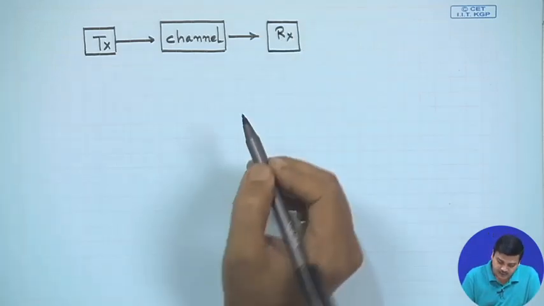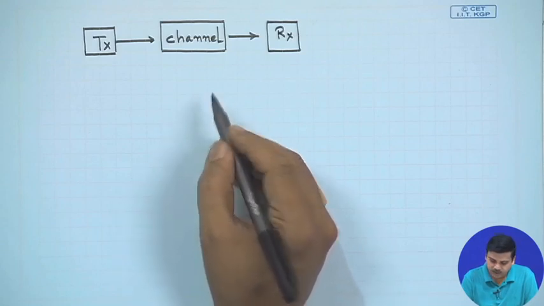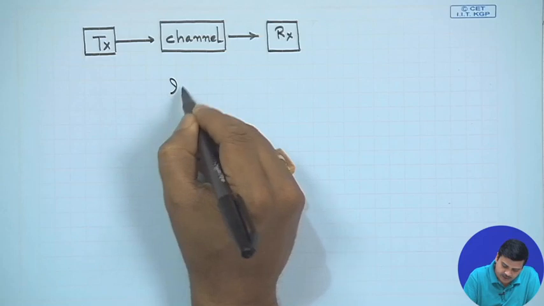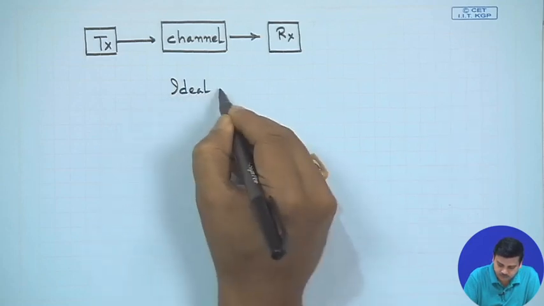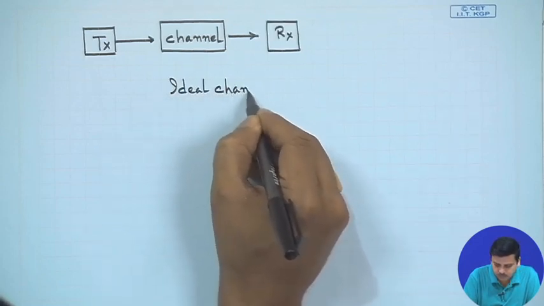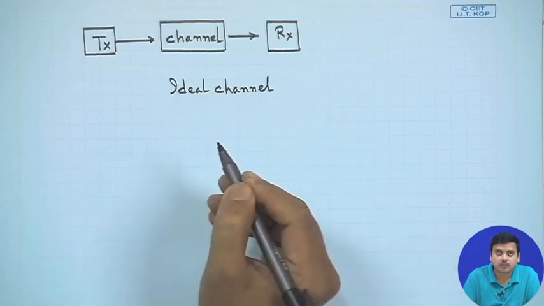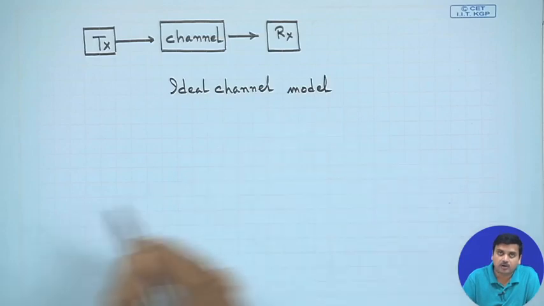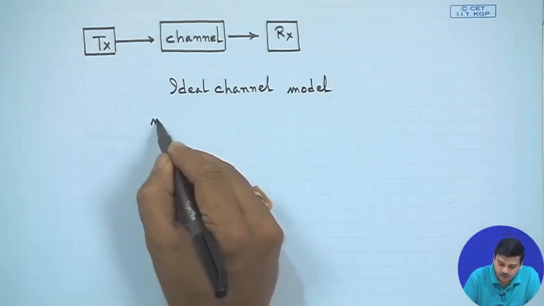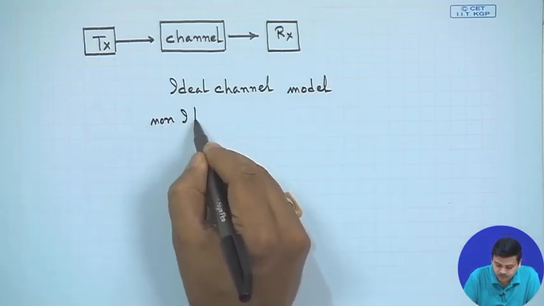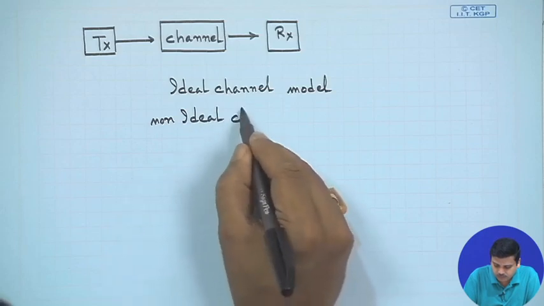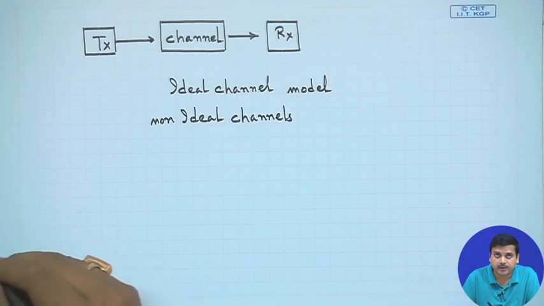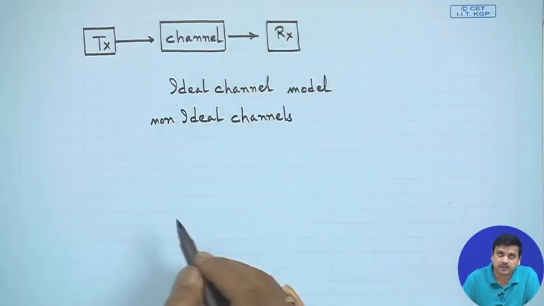So, when we talk about the channel, there are different kinds of channel that can be used. So, it could be an ideal channel, so of course we are talking of ideal channel model, and there could be non-ideal channels, right, and then of course there is a receiver.